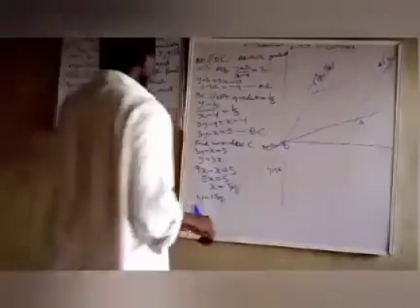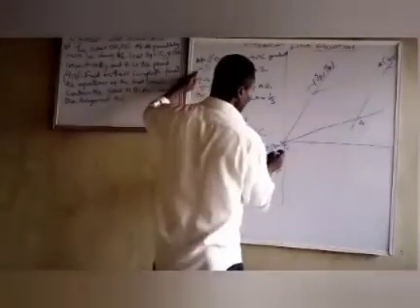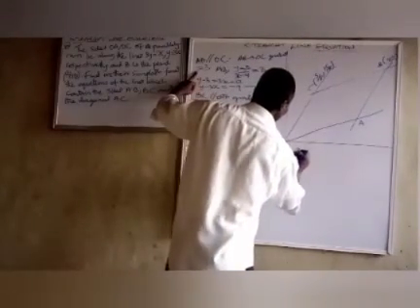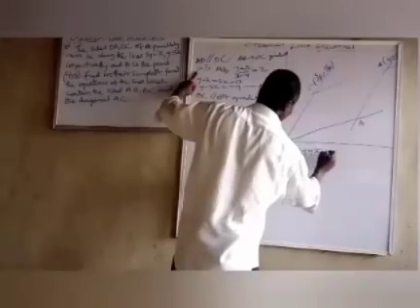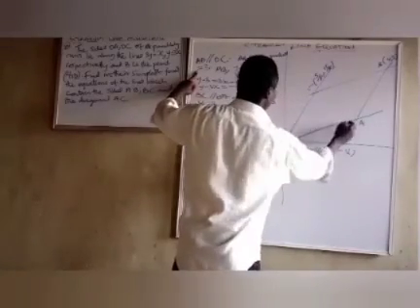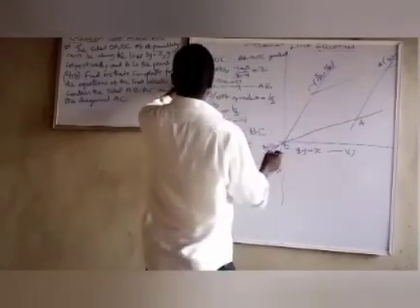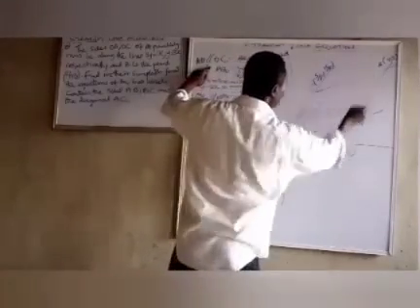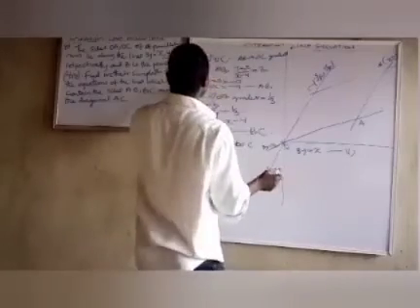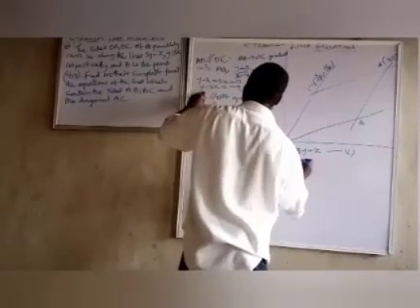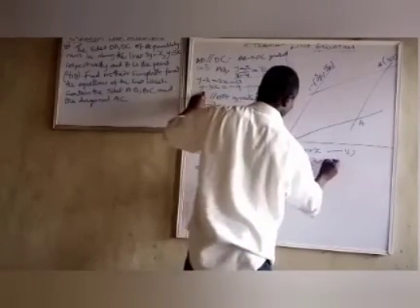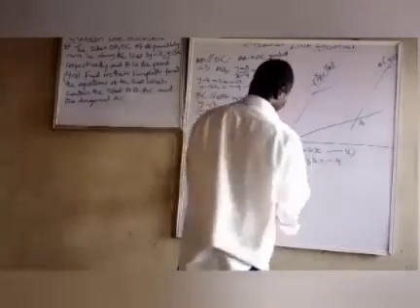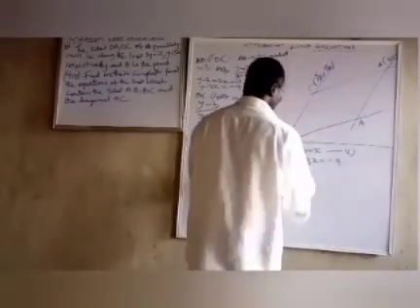Now to find point A, it will be the intersection of 3y equals x and line AB, that is y minus 3x equals minus 9.